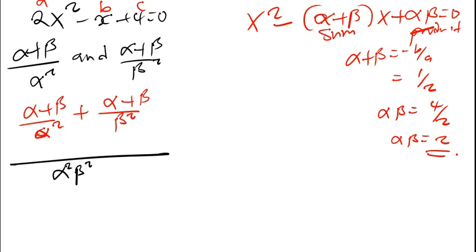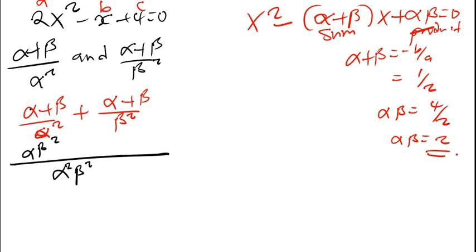So the common denominator is alpha squared beta squared. So alpha squared, you know what I'm doing, right? This question is involving, come on. So now what I'm going to remain with is beta squared. So I'll have beta squared times alpha. On top is alpha beta squared.